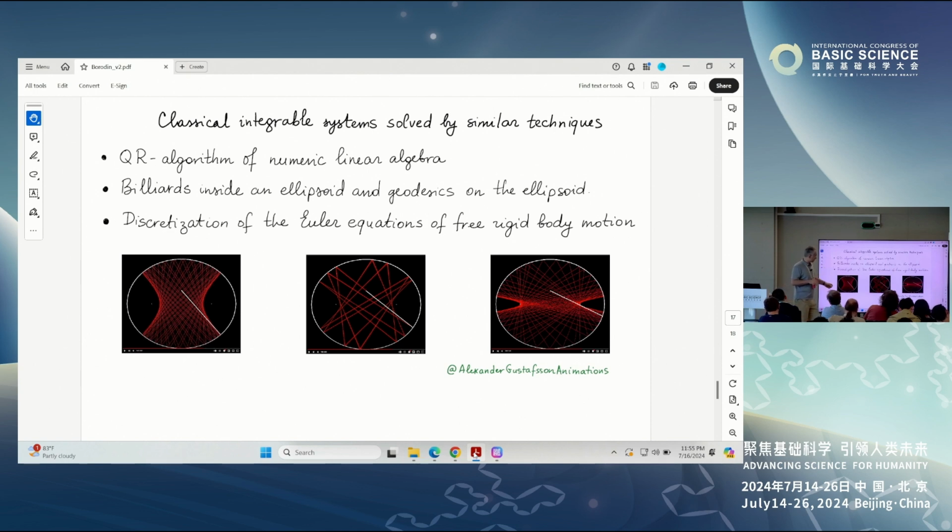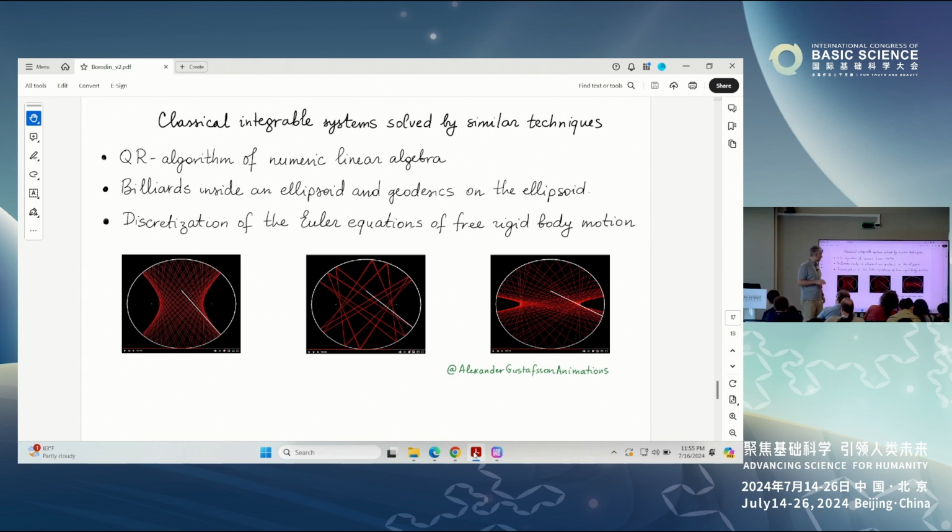Billiards: if one takes an ellipse or a three-dimensional ellipsoid and shoots a billiard and wants to trace the trajectory, that's an integrable system that's solvable by matrix refactorization as well, and that's possibly the one that made Jacobi introduce elliptic functions. So that's one of the first integrable systems ever, maybe the first non-trivial one that has been solved.